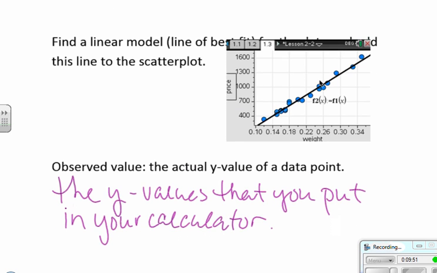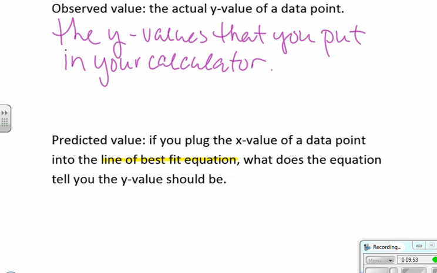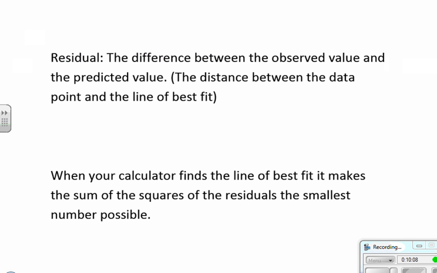So observed values, what actually happened, what the diamonds actually sold for. Predicted values are the values that come out of your equation. What does the equation tell you that that value should be using your line?